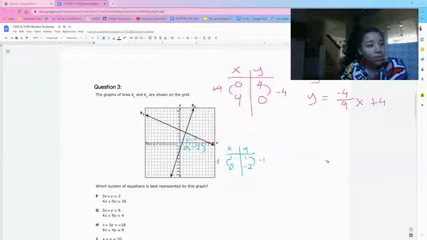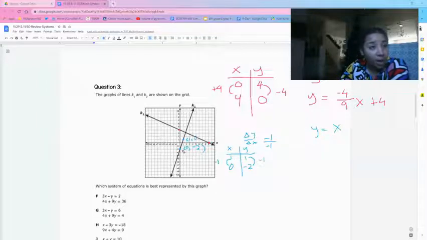I apologize. The change in y is going to be negative 1, and the change in x is also going to be negative 1. So that means my slope here is going to be 1 or just x. Okay, and my y-intercept is going to be negative 2.